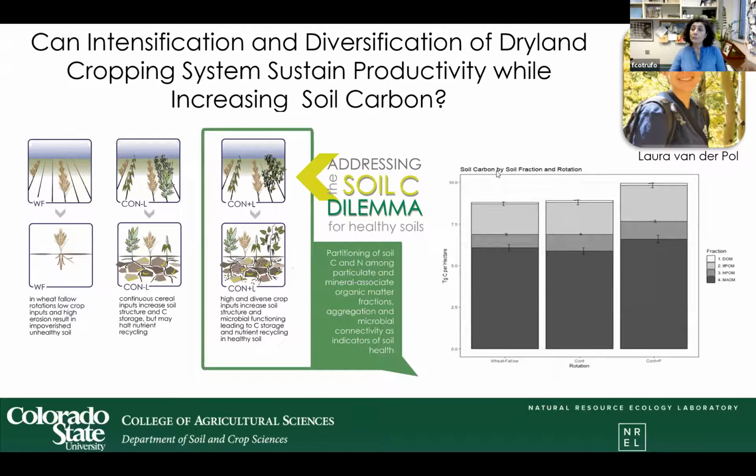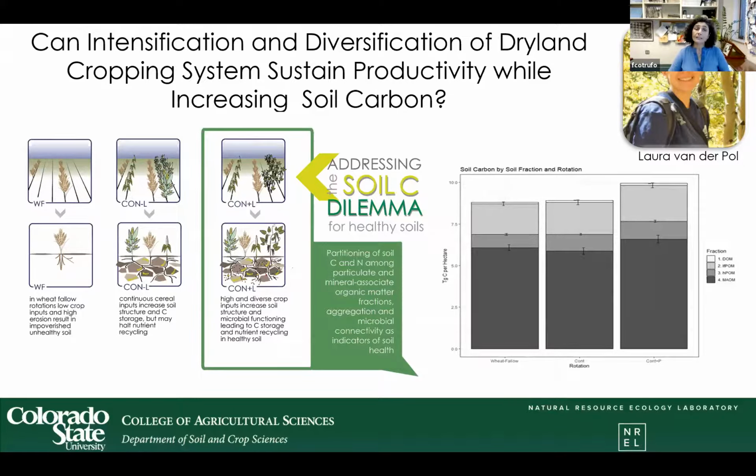And while Laura did find that the topsoils of the continuous plus legume plus P had higher MAOM, and she analyzed a lot of soils, both across in-farm and experimental stations that had this treatment, she actually didn't find striking results.